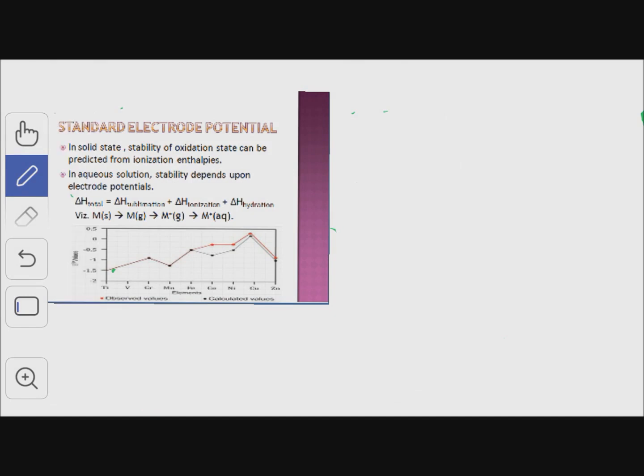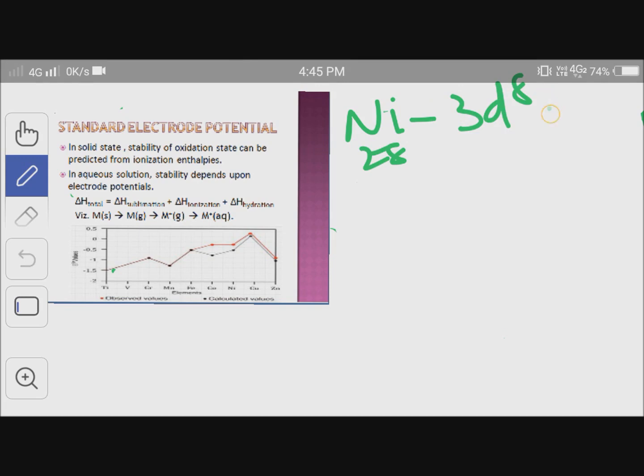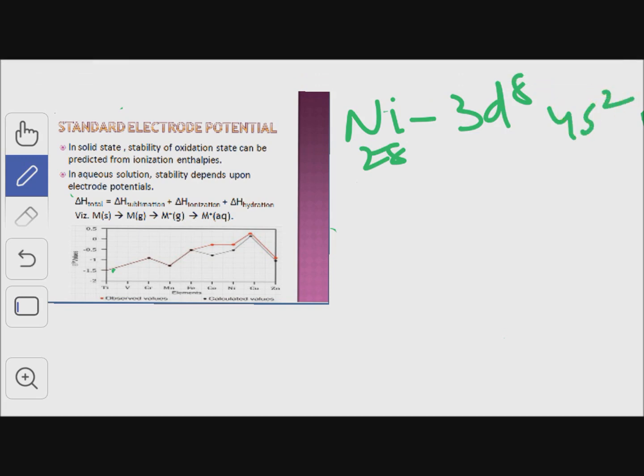Nickel also shows a more negative value. Here is the configuration. Atomic number is 28, 3d8 4s2. In nickel 2 positive state, it has 3d8 electrons.